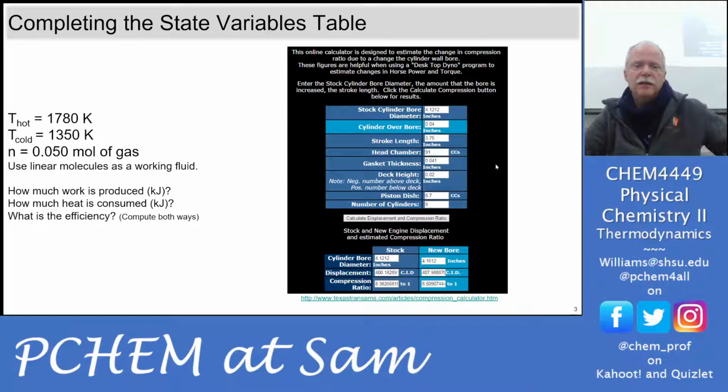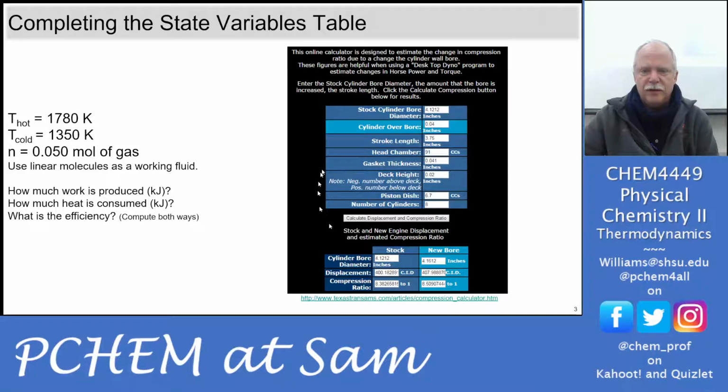So okay, let's work on the first step, and that is to complete the state variables table. I went ahead and got on the little Trans Am engine modification calculator, and I calculated for this stock engine, a 400 cubic inch engine with a compression ratio of 8.38, to set up this Carnot cycle.